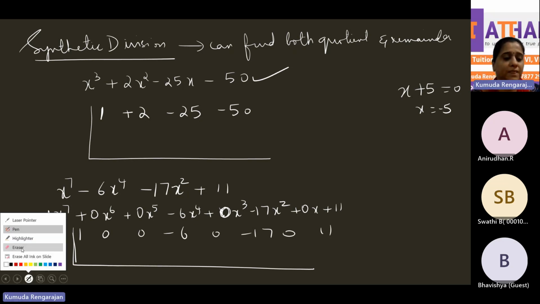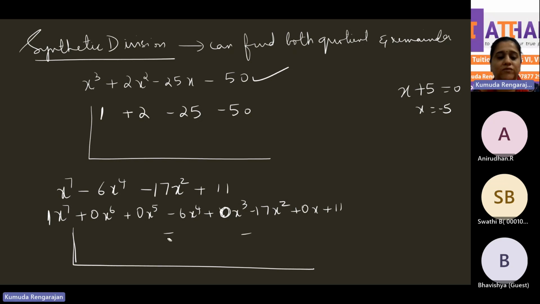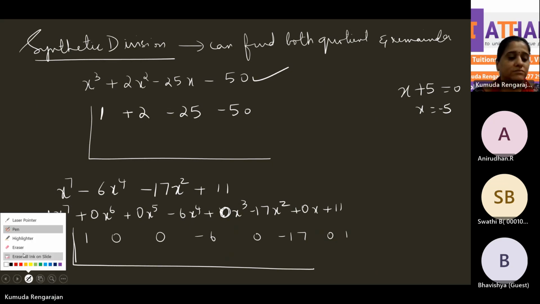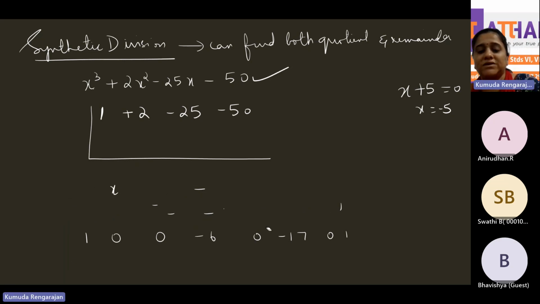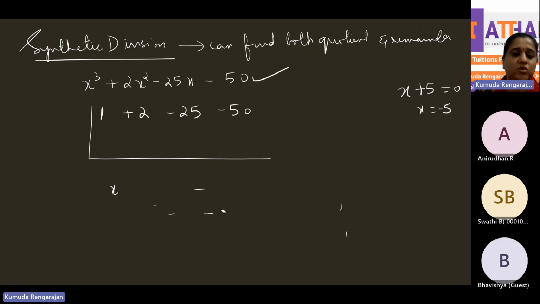Let's go slowly. The coefficients you must write. You must write only the coefficients: 1, 0, 0, minus 6, 0, minus 17, 0, and 11. Okay. But here we have all the powers of x: x cube, x square, x and the constant.